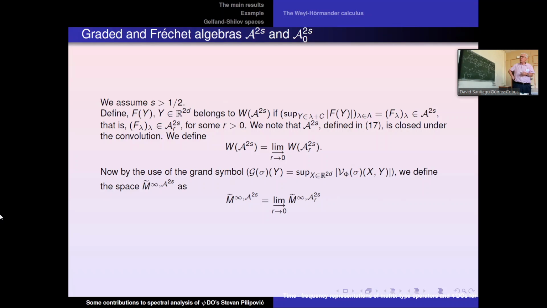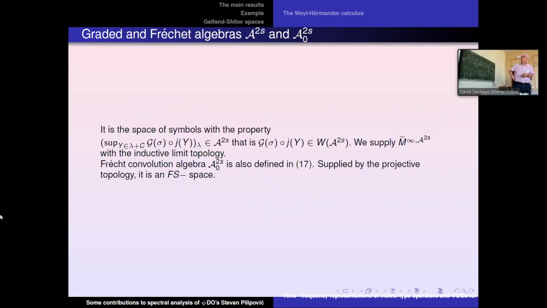And so you have this kind of grand symbols defined in that way. And so this is actually a space, an inductive limit of modulation spaces.